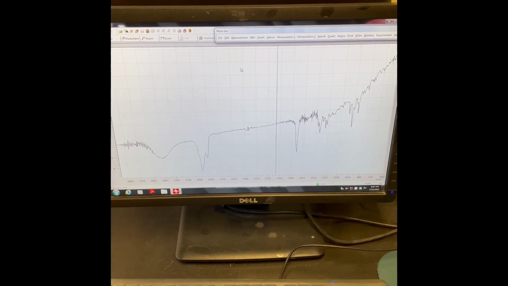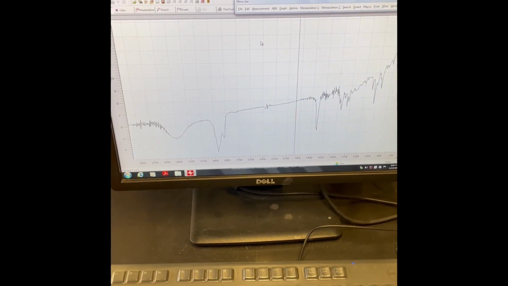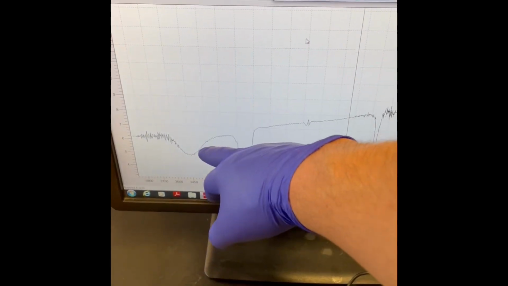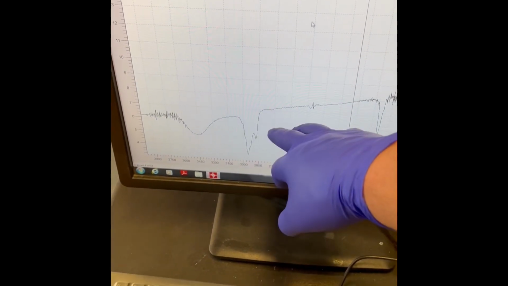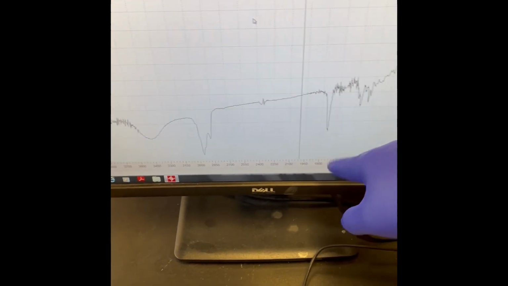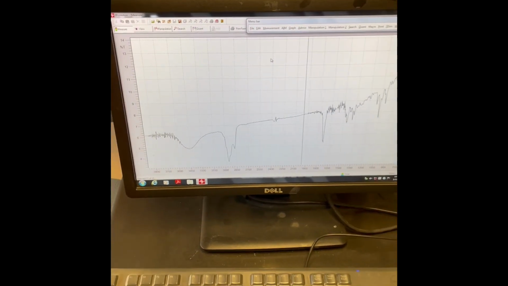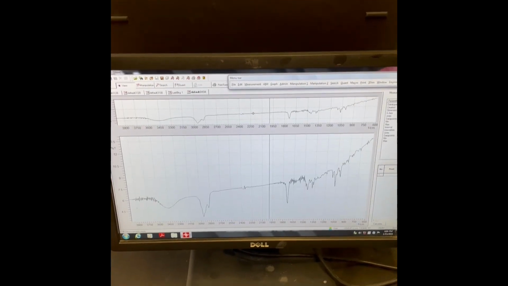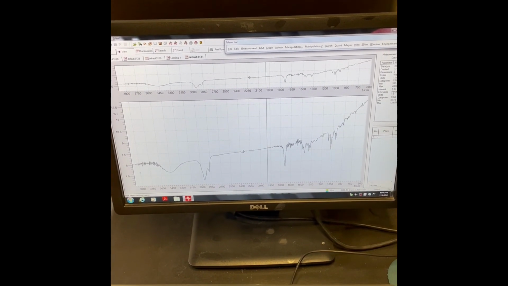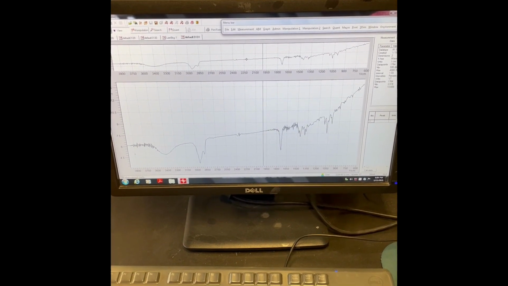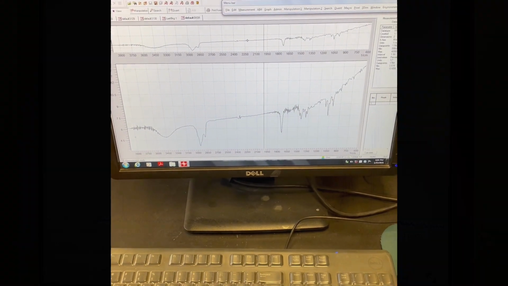All right, so as expected, got a little action right here. We've got a little, that's whatever, that's always going to be there. But then you got a little something right there too. So I'll print this out, you guys can compare and explain, right? And then I'll get you an NMR as well so you can analyze that.